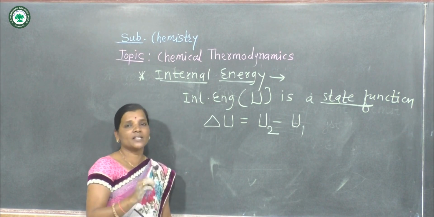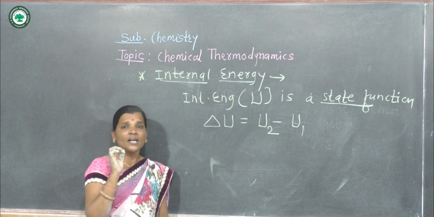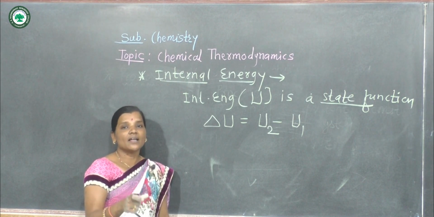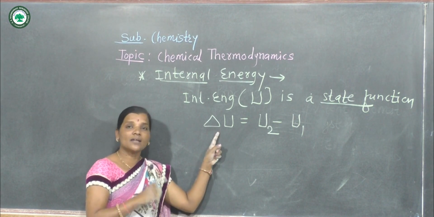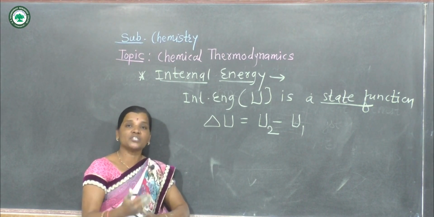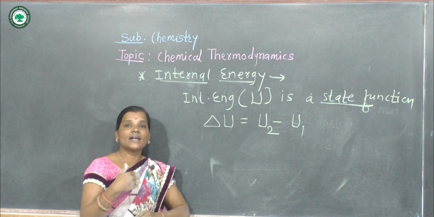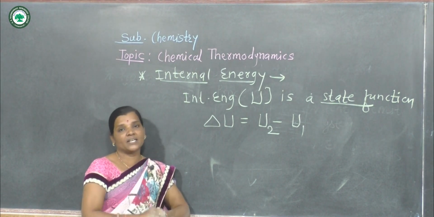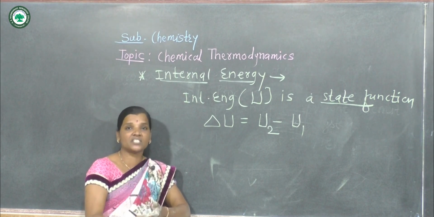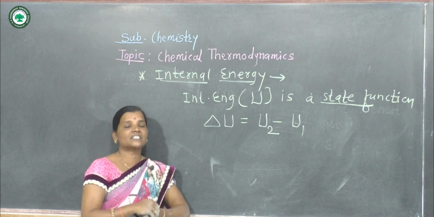Internal energy of the final state minus internal energy of the initial state gives the change in internal energy. So internal energy is a state function. Also, whatever changes occur within the system depend upon the mass present in the system. Depending upon the mass present, the final state is obtained.